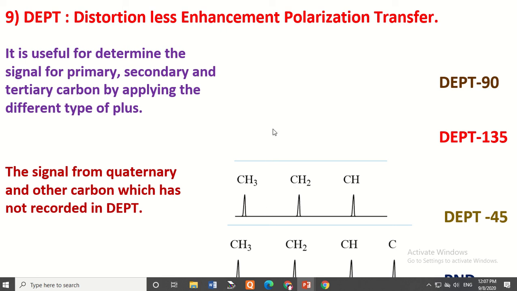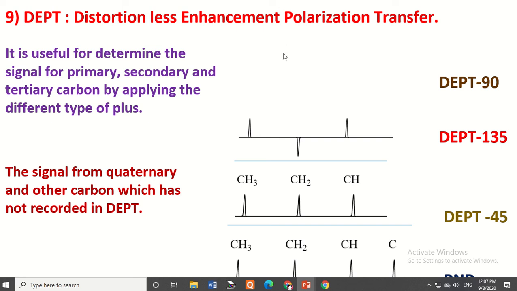But in the case of DEPT 135, two types of deviation are considered. The upward gives positive deviation and the downward signal gives negative deviation. The signals for CH and CH3 are obtained in positive deviation. The signal for CH2 is obtained in negative deviation.